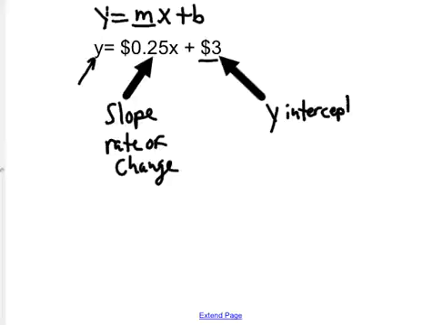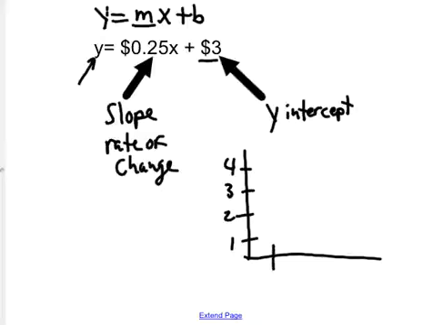If I was graphing this, let's say I have my graph right here, with 1, 2, 3, 4 and 1, 2, 3, 4.